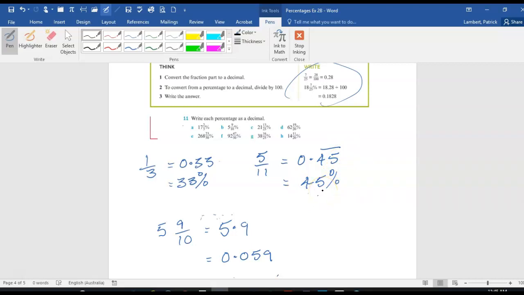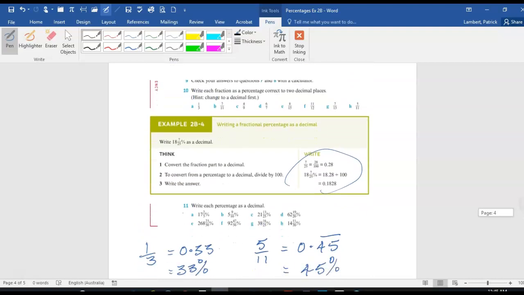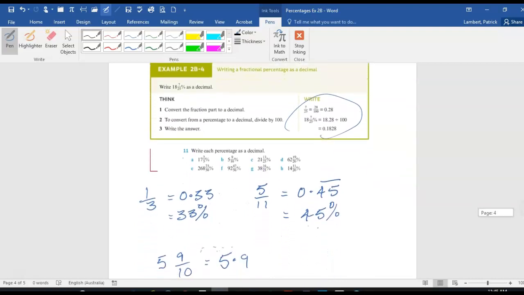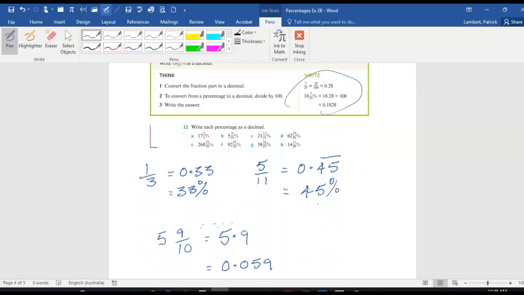Now, in question 11, is that 11? Question 11, write each percentage as a decimal. We've seen here what they've done. You keep the 18. 7 over 25 is 0.28. So you're adding that, 18.28, dividing it by 100.